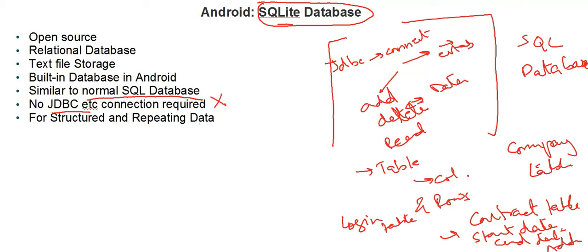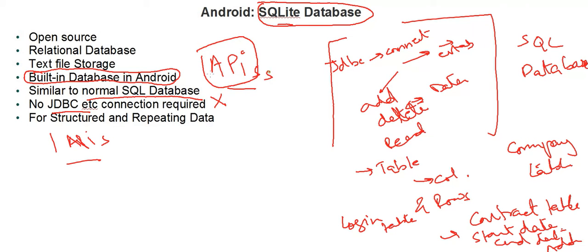This is actually a built-in database inside Android, which uses certain APIs, just like you have used for shared preferences. You are provided with certain APIs, and using those APIs and the functions provided by them, you can get the object for the database and handle the read, write, and adding and deleting operations, or adding new tables and creating tables inside the database.